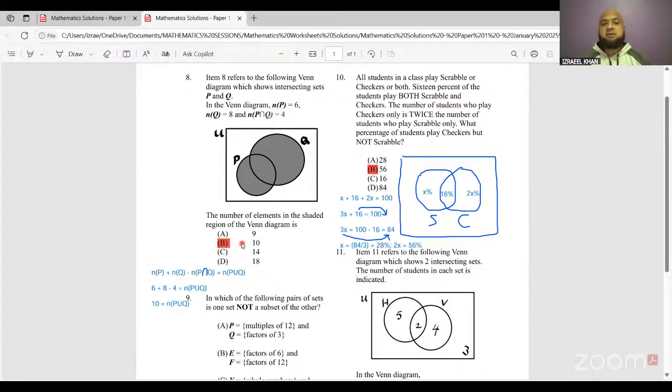So the answer is 10. Some people may say, just add 6 and 8 and subtract 4. Fine, yes, but I am showing why, because this is a formula you'll need to apply for that Paper 1 that is coming. Okay, so we got 10, that's B.